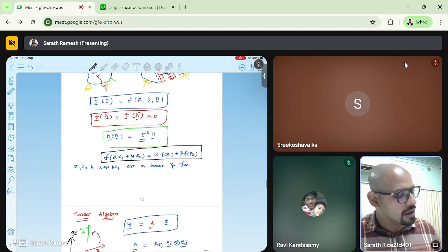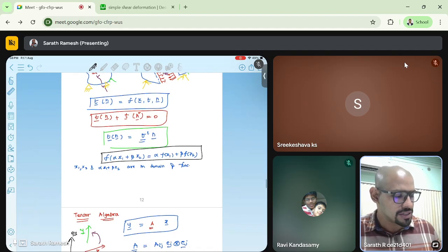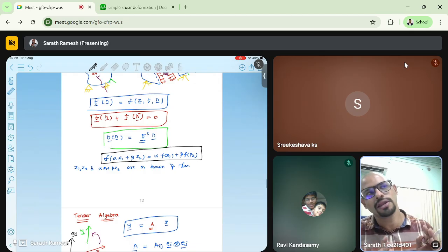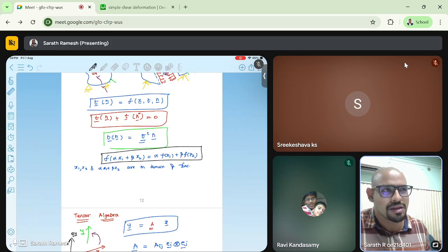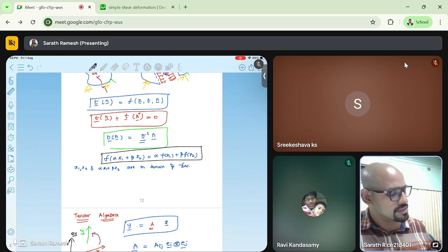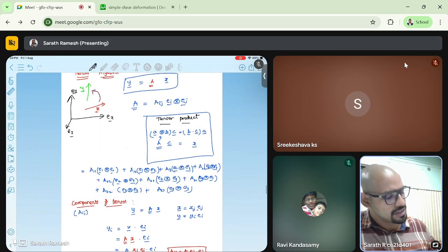We saw there is a need for a linear function which maps the normal vector to the traction vector. That linear function we call the stress tensor, a second order tensor.